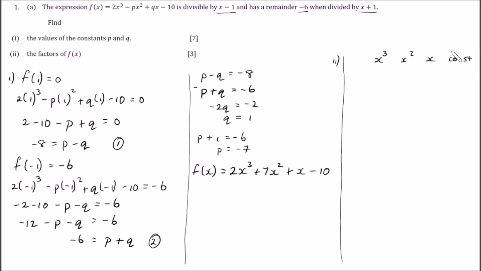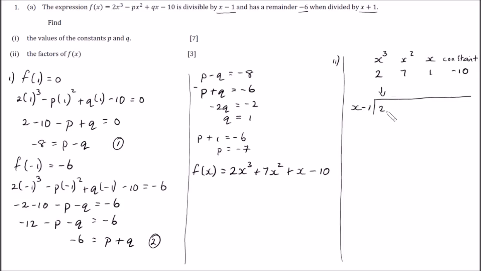So this part here will be my constant. Now I'm going to be using synthetic division, but you can use whichever form of division you are familiar with. So my coefficients 2, 7, 1 and −10, and I am dividing by x − 1.